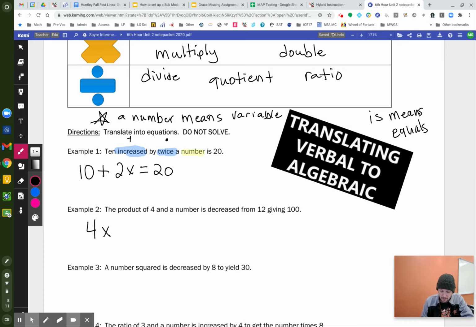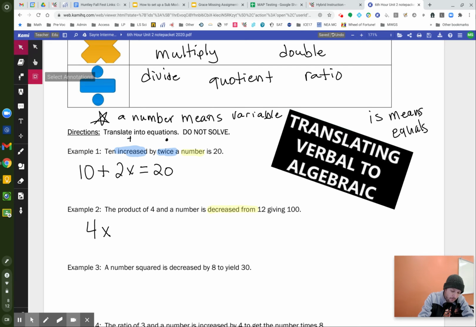Is decreased from 12. Okay, so this one's a little tougher, right? Is decreased from. So when you see this phrase decreased from, that changes the order, okay? So if I said 7 is decreased from 8, I would subtract those, but the 12 goes in front.